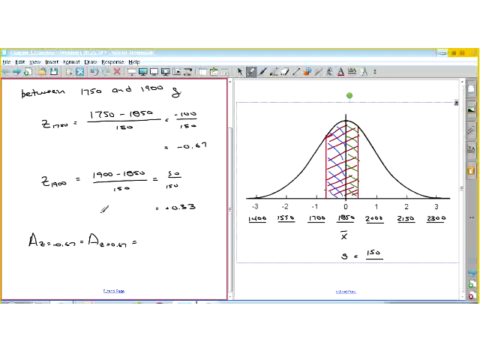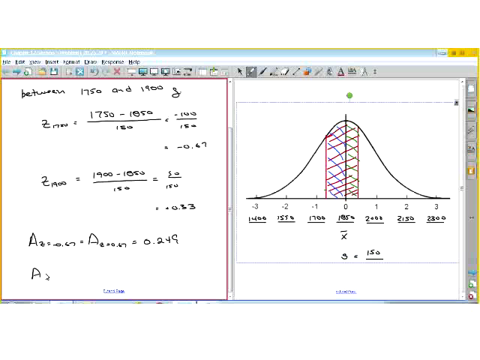So we go to the table, second row, second column, 0.67 is 0.249. So 24.9% of the area is between here and there.